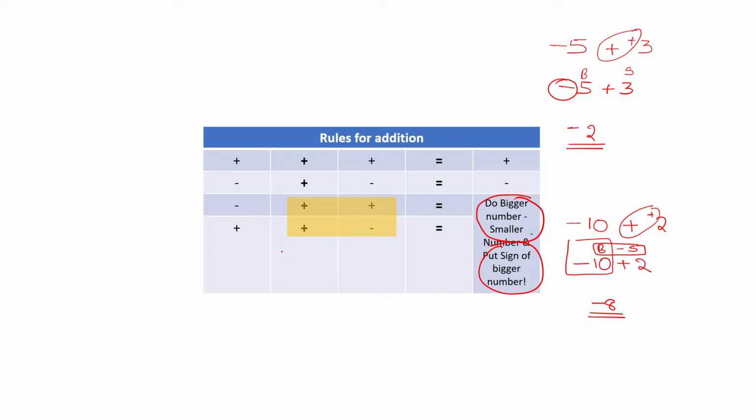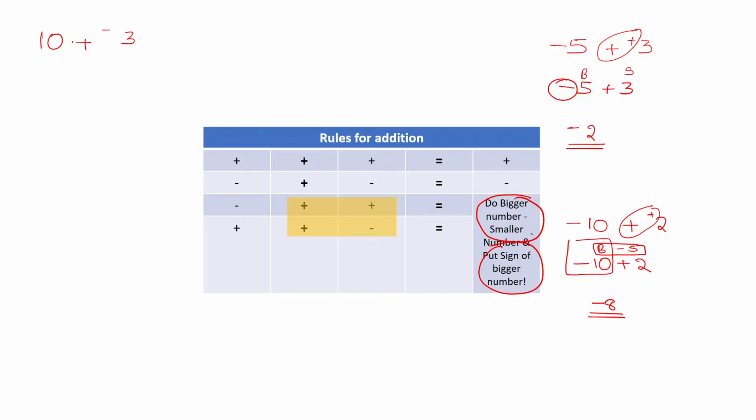Okay, similarly the other case, when a positive number is added with a negative number, again we have to do the same thing. If it is 10 plus minus 3, okay, if this is the situation, first we have to deal with these two signs.